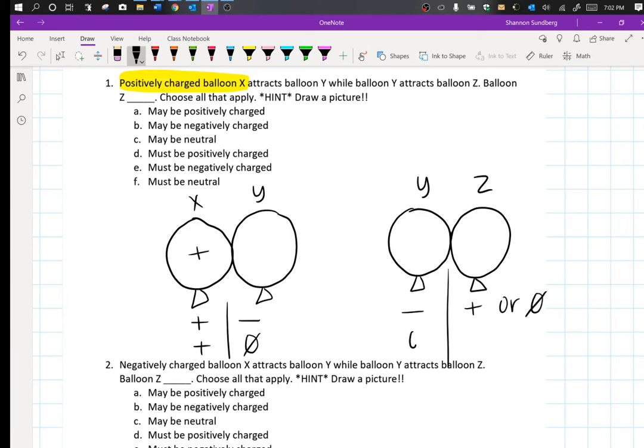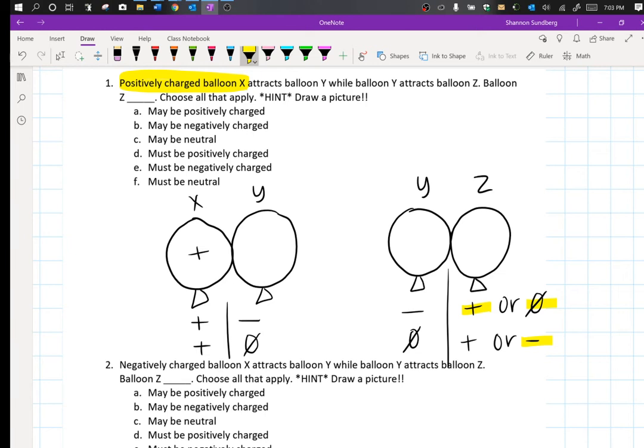If Y is neutral, Z could be positive or negative. So really, when you're answering that question, balloon Z could be positive, negative, or neutral.